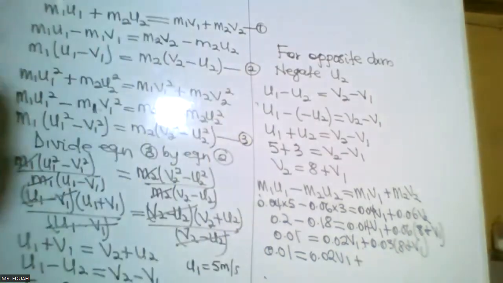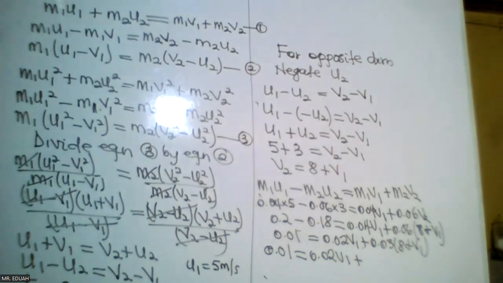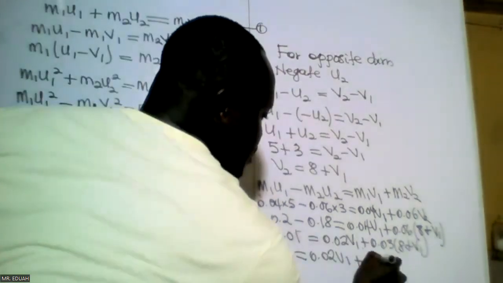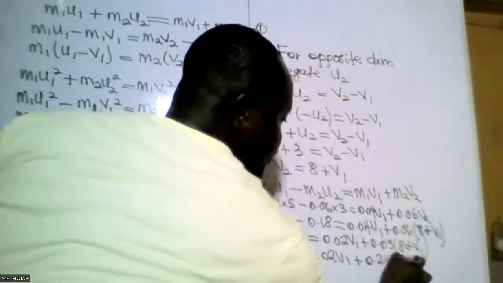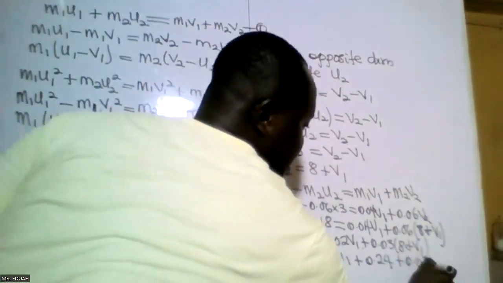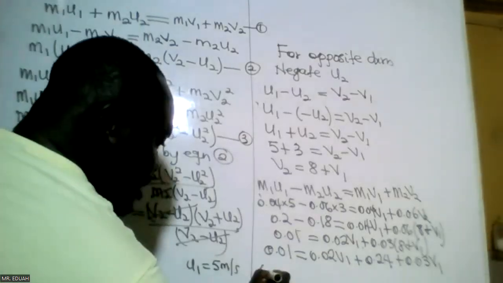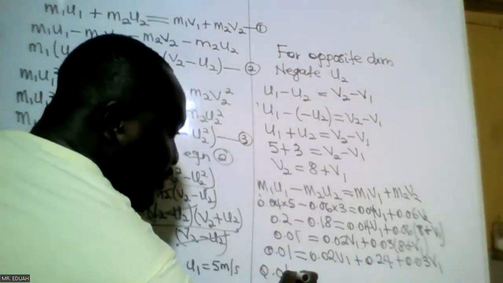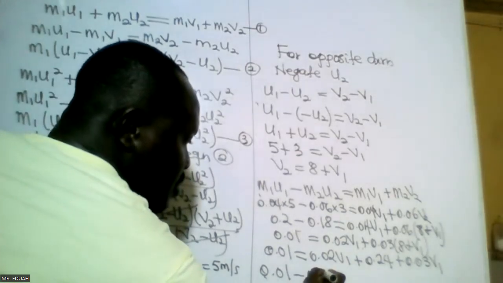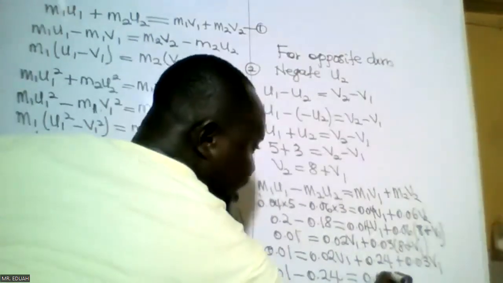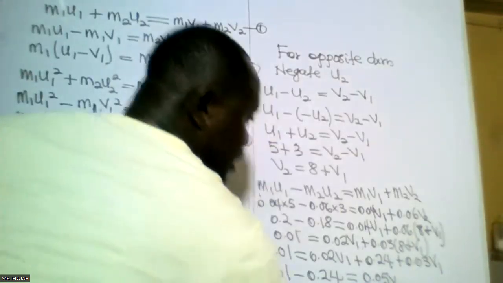What is this? 24 divided by 100, so 0.24 plus 0.03 V1. Help me find V1. This is 0.01 minus 0.24 is equal to 0.05 V1.